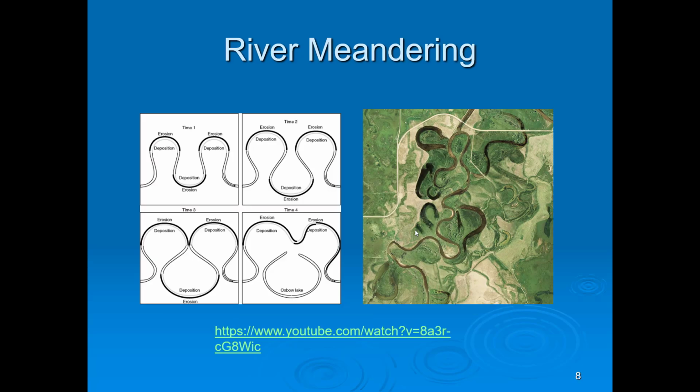Okay, so I will embed this video for you to watch. It's a 2-minute video. This is actually kind of cool. We'll talk about this when we talk about speciation. But rivers naturally change course. That's what they're supposed to do. And they form these little things called oxbow lakes, which we'll talk about with speciation. They basically pinch off, and that's a lake in the shape of a bow, like a smile.